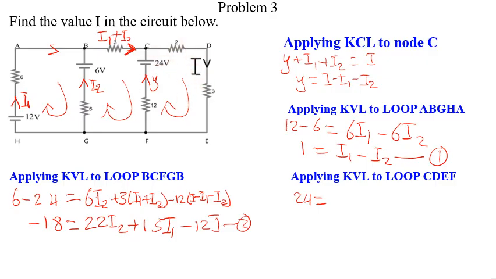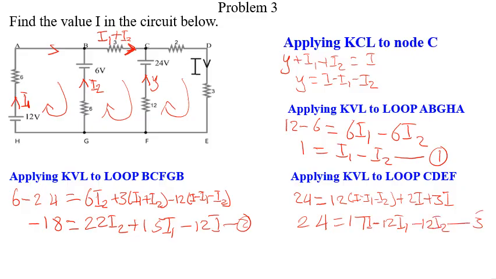So we now write it as 12y, where y equals I minus I1 minus I2, plus 2i plus 3i. So at the end we get 24 equals 17i minus 12i1 minus 12i2, which becomes our equation 3.